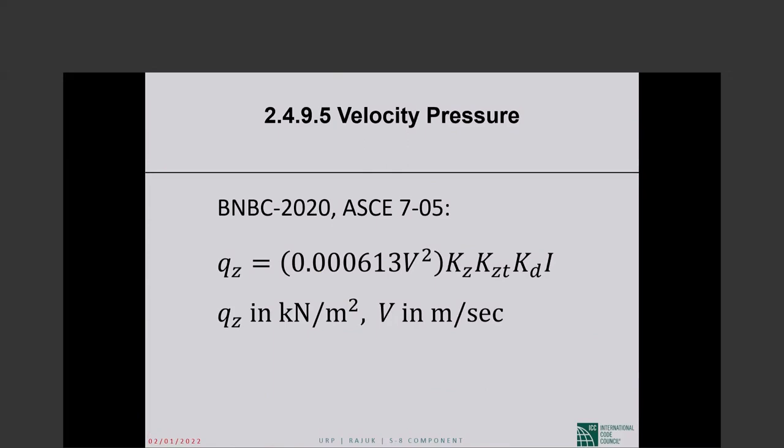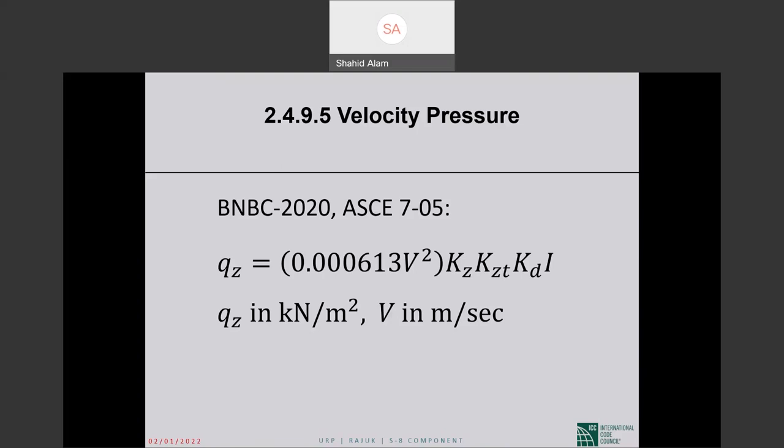The half the density of air in metric units, SI units, is this 0.00613. We have 0.00256 in ASCE 7. I know this number is kind of strange to me, but that's a very important number. Okay, 0.00613. That is half of rho times v squared. That's velocity pressure. That is very basic.